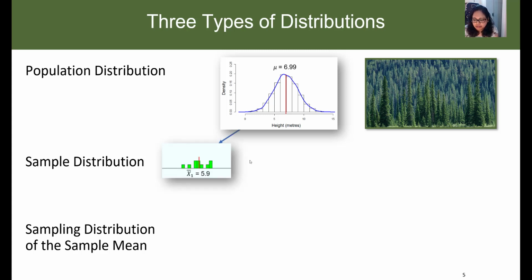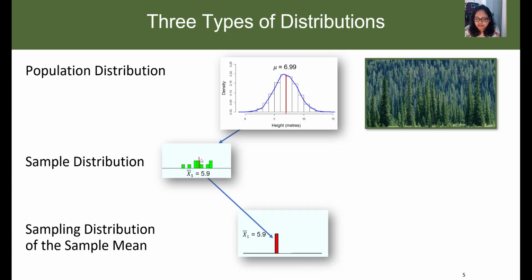Then I take a sample of 7 trees, selected randomly, and I found their sample mean. The sample mean is 5.9. Since the sample size is really small, it is difficult to create a distribution, but you have some idea what the distribution might be.